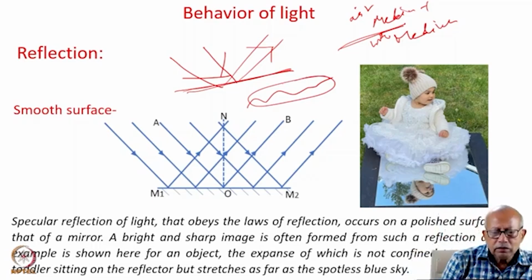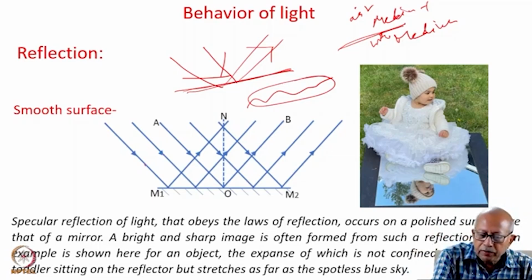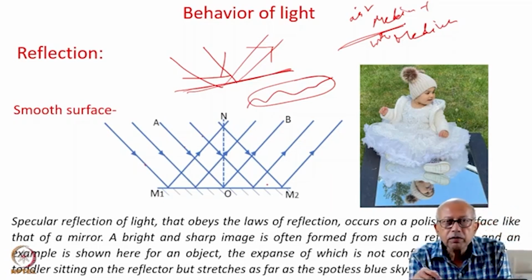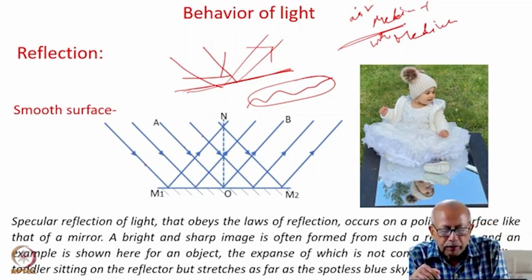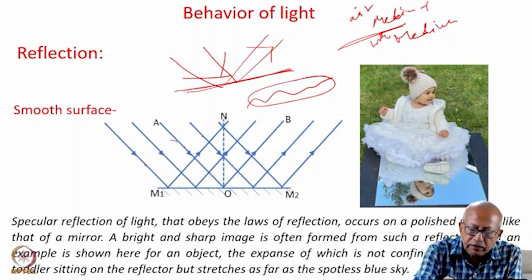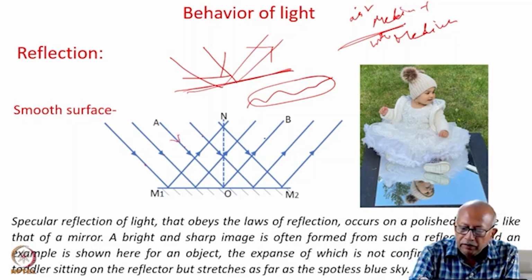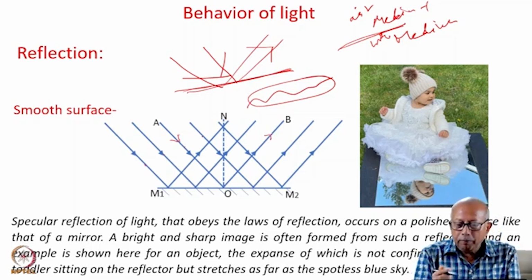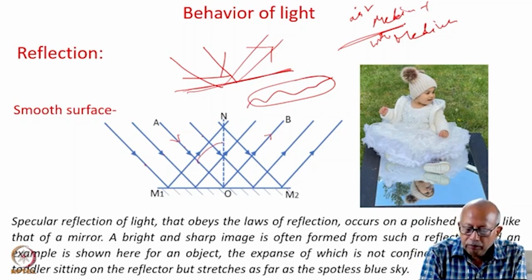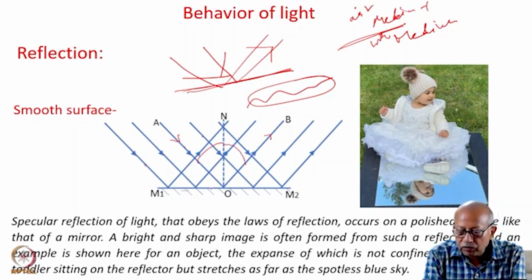Let us consider first a smooth surface. When a parallel beam of light shines on such a smooth surface, then the incident ray and the reflected ray make equal angle with the normal on the reflective surface.